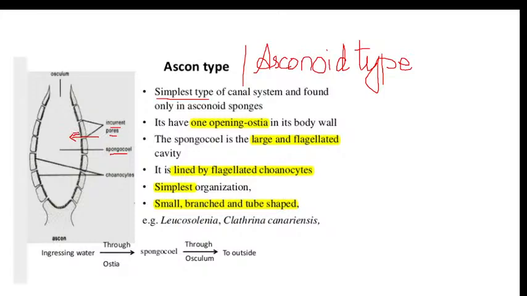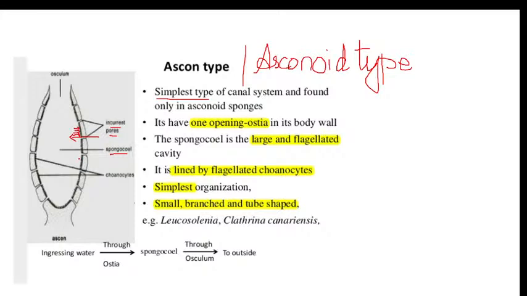The water will enter into these coinocytes, അല്ലേ? coinocytes എന്തുണ്ട്? flagella ഉണ്ട്. So by the continuous beating of flagella, the water which contains the food particles will enter into the coinocyte or the collar cell, and the food particles will be trapped by these coinocytes.